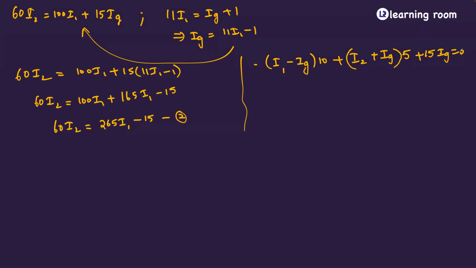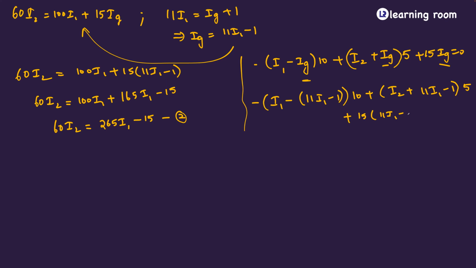Now in the place of IG, can I substitute this one? 11 I1 minus 1. So minus of I1 minus of 11 I1 minus 1 into 10 plus I2 plus 11 I1 minus 1 into 5 plus 15 into 11 I1 minus 1 is equal to 0.